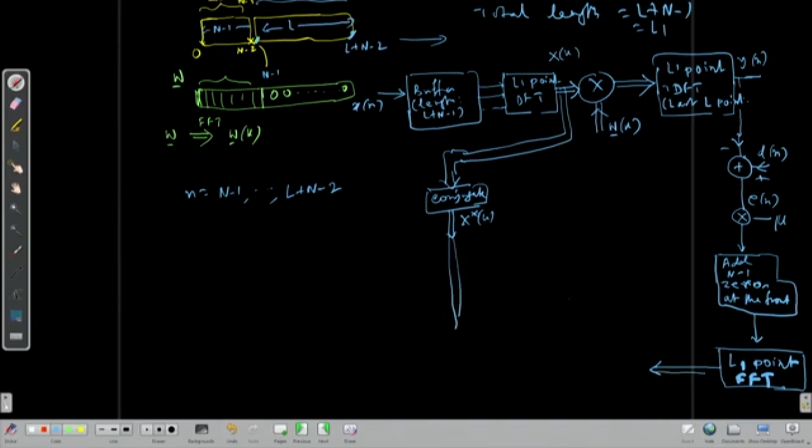Here again let me write this, because the FFT output is parallel, and I multiply. And then take L point, rather L1 point IDFT. So, I go back to time domain.